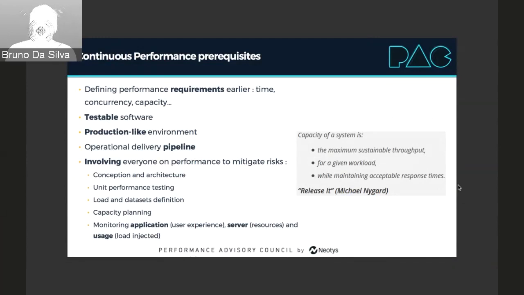An interesting quote by Michael Nygard in Release It on the capacity of a system is the maximum sustainable load throughput for a given workload while maintaining acceptable response time. That's a very good definition, and you should take it into account before writing your first line of code. What is the purpose, or what do I expect from the application?